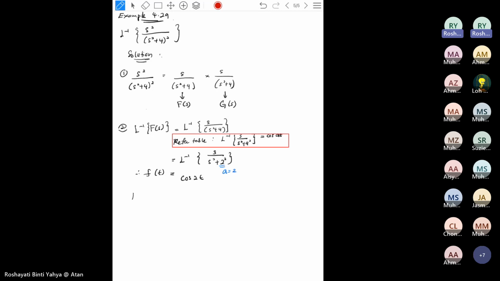Next, inverse Laplace transform of GS equal to inverse Laplace of the same, so equal to cos 2t juga kan.